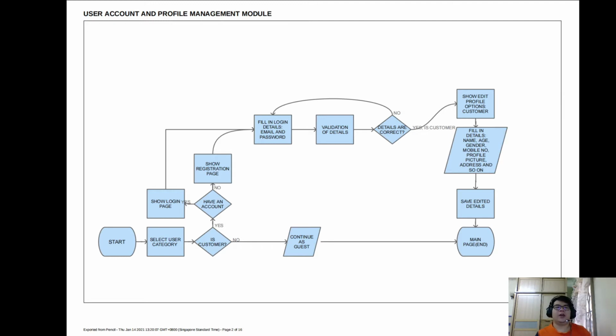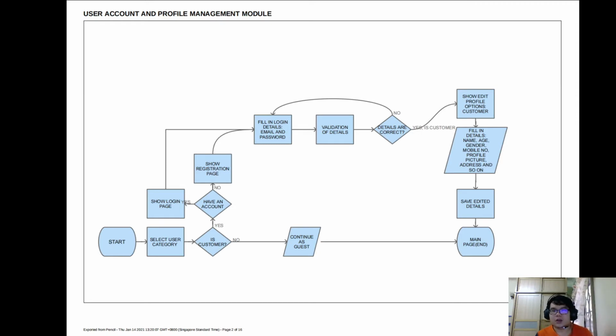For both pages, users need to first fill in their email and password as login details. Now we validate the details to see whether they are correct and valid or not. If they are not valid, an error message will be shown and they will be returned to the login or registration page, and they need to fill it in until it's okay.